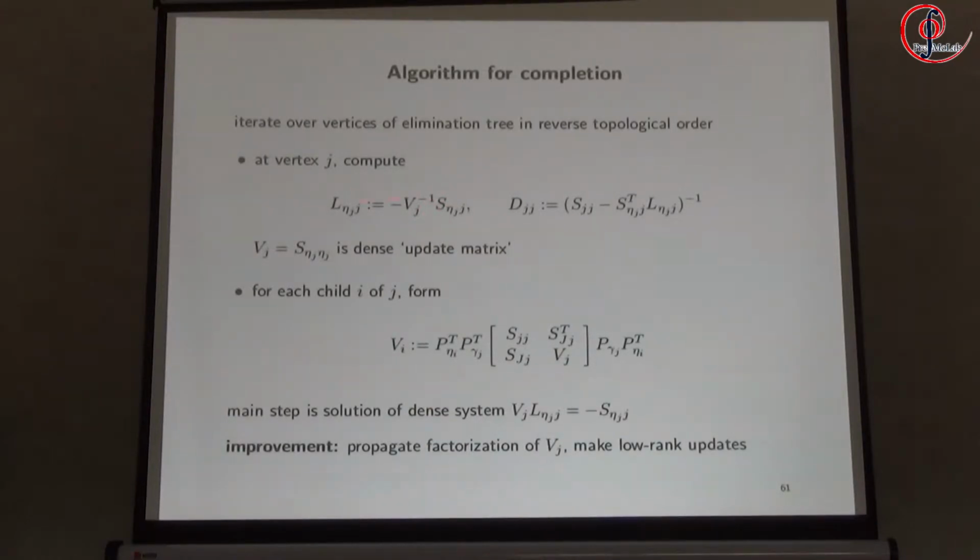Here we have to solve an equation, so it's slightly more expensive than just a matrix vector product. But you can improve this by exploiting the fact that these matrices V, so these update matrices, are related. So if you propagate instead of V a factorization of V, you can actually make this almost as inexpensive as in the primal gradient.